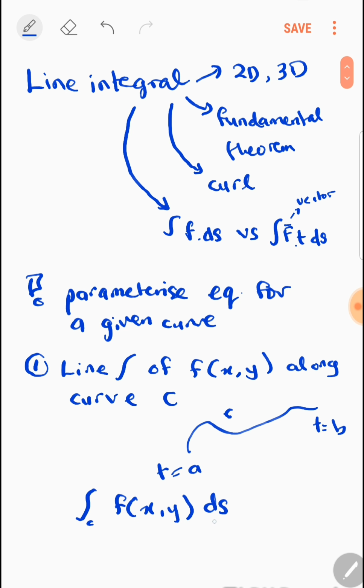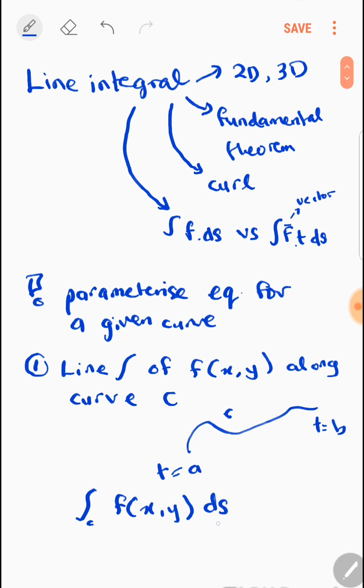And how do we know about this ds? As you can remember, even when you were doing your surface integral, you dealt with the lower limit and upper limit of the integral on two sides. But since this is a line that we're talking about, we have this curve C, and therefore what we have to do to get these lengths is basically integrate the function over the curve C, given by f of x y.